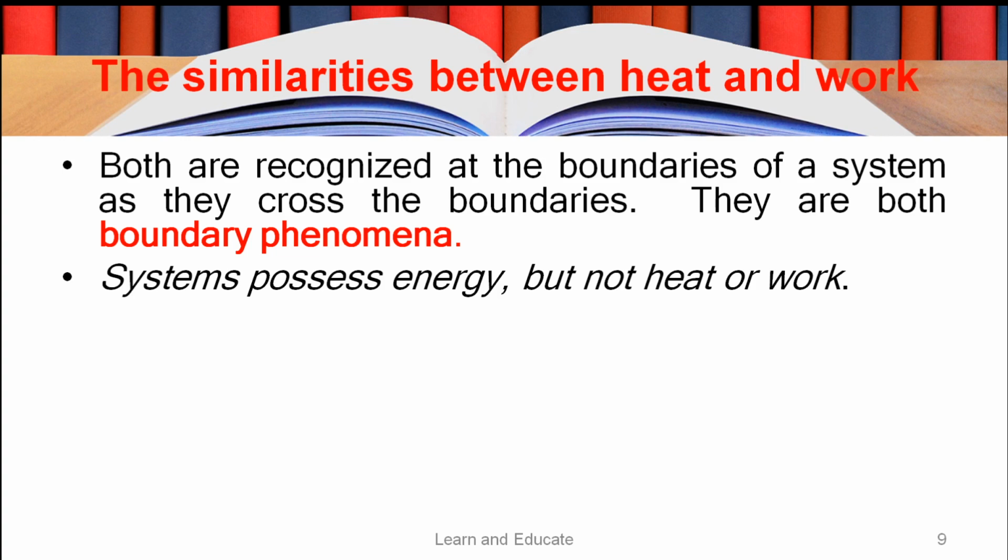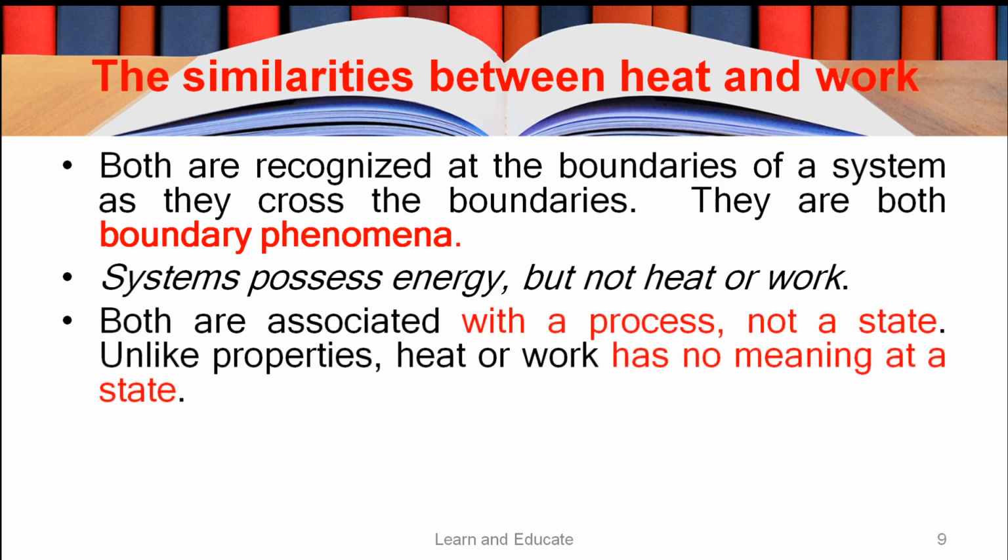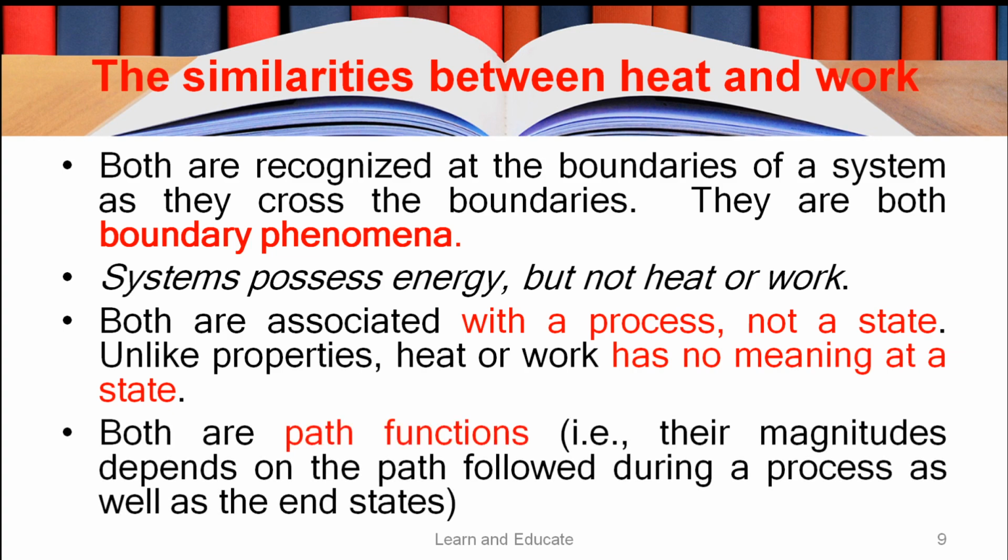And systems possess energy but not heat or work. That means these are not properties. Energy is a property, but heat and work are not properties but boundary phenomena. Both are associated with a process, not a state. Both are path functions, not point functions.